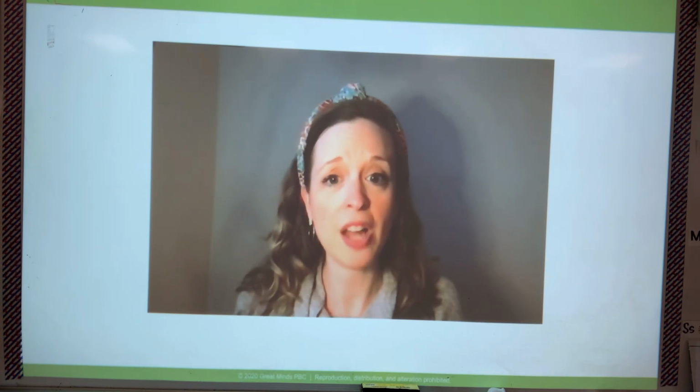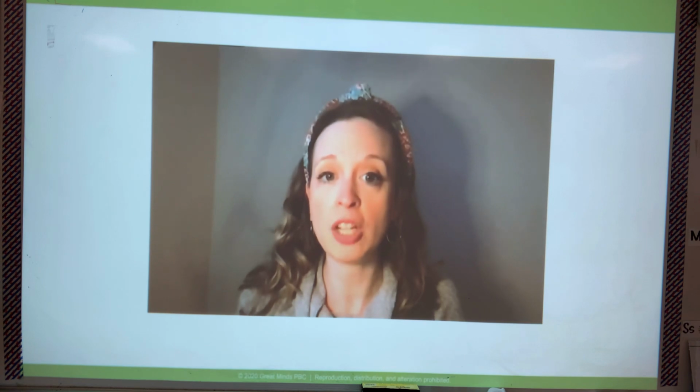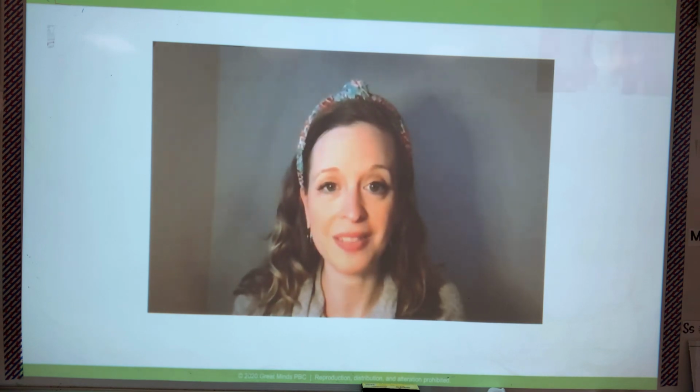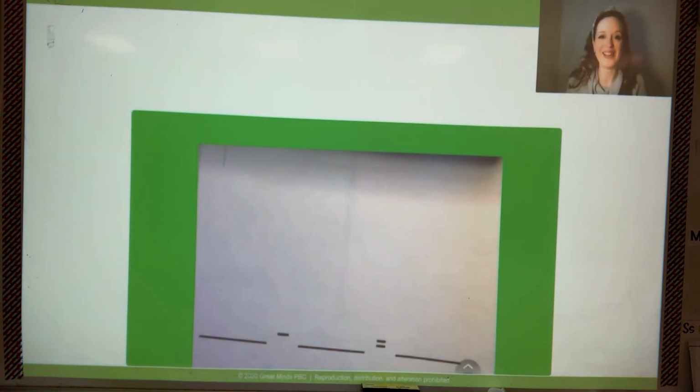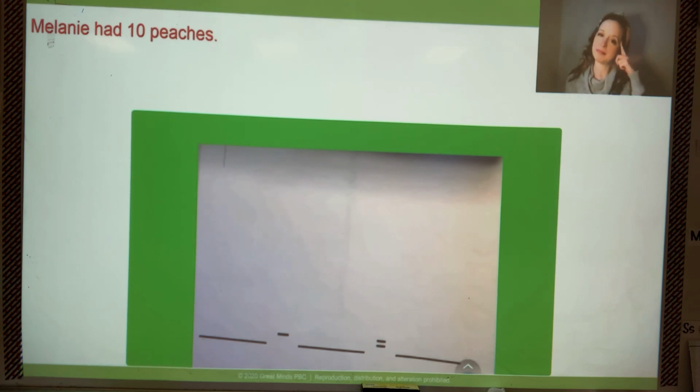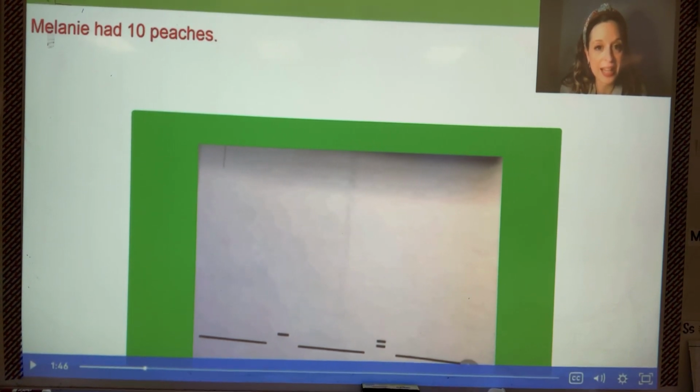To help us solve, let's read each chunk of the story and draw. Let's do it all together. Ready? Melanie had 10 peaches. How could we draw this? Lean into the computer or the screen that you're using. Okay, raise your hand.